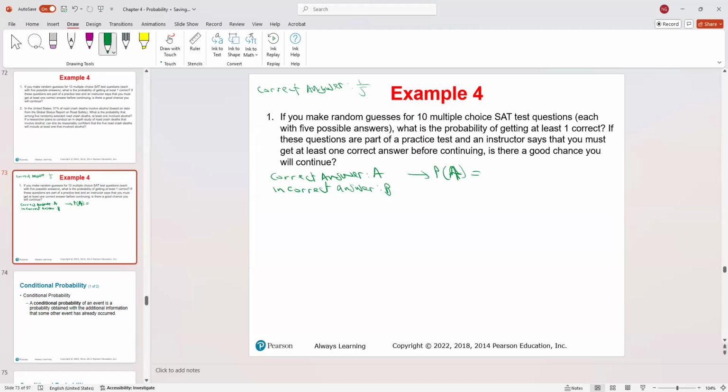What's the probability of A? Yes, one out of five. And what is the probability of getting an incorrect answer? We need to know the probability of B, or we can say not A.